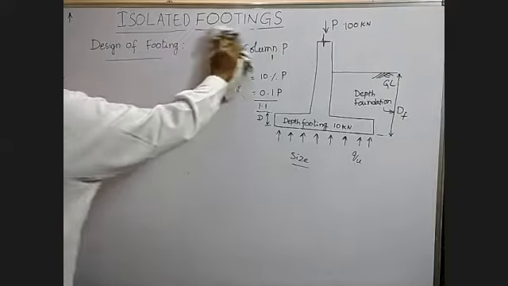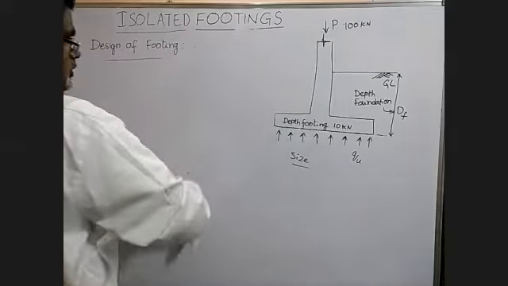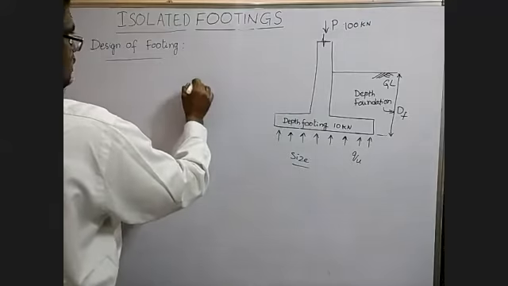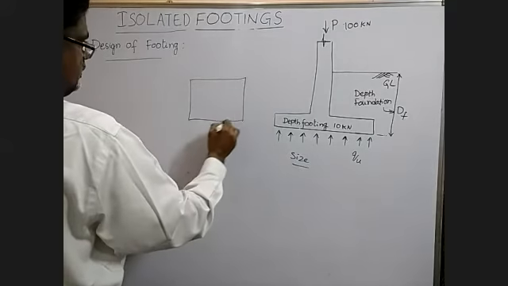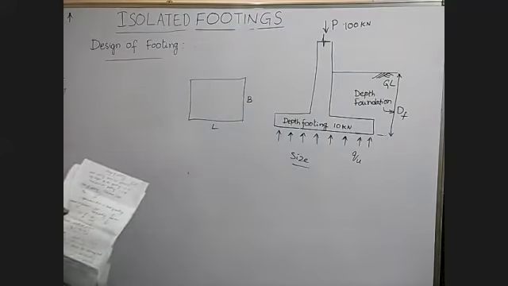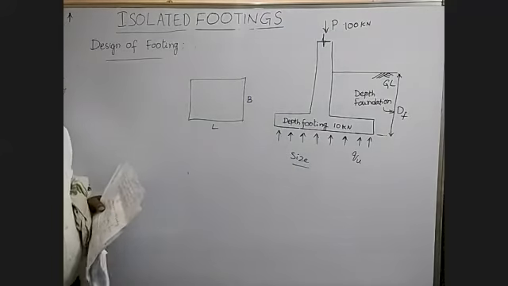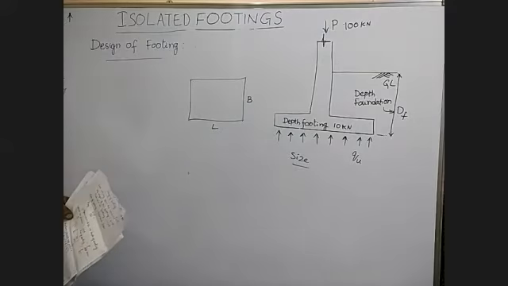Design of the footing means, once you know the total area, we need to find L and B. We have calculated the area, so L and B, length and breadth, can be found. Let us take a rectangular footing. If it is square, both are the same. So now let us take L into B.